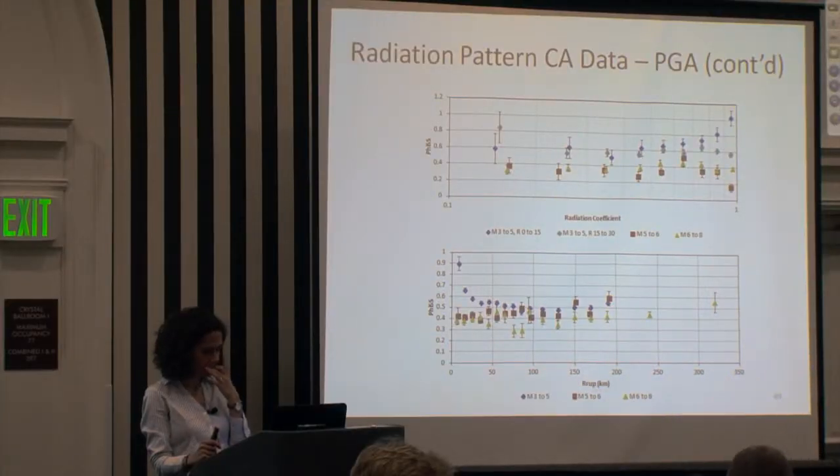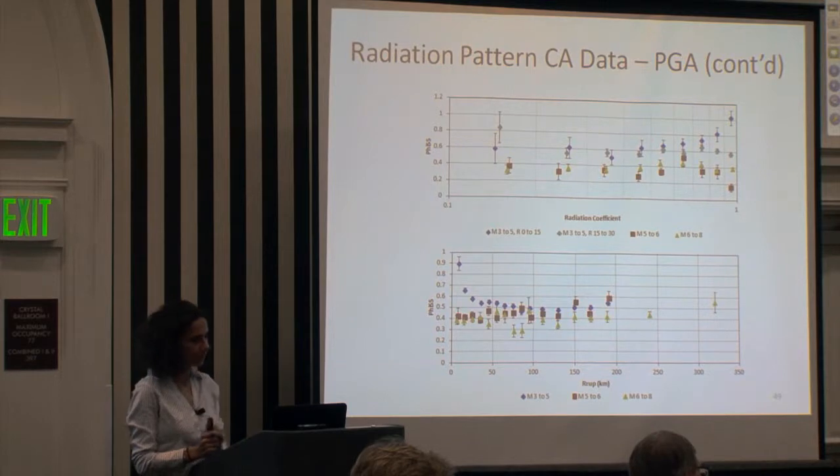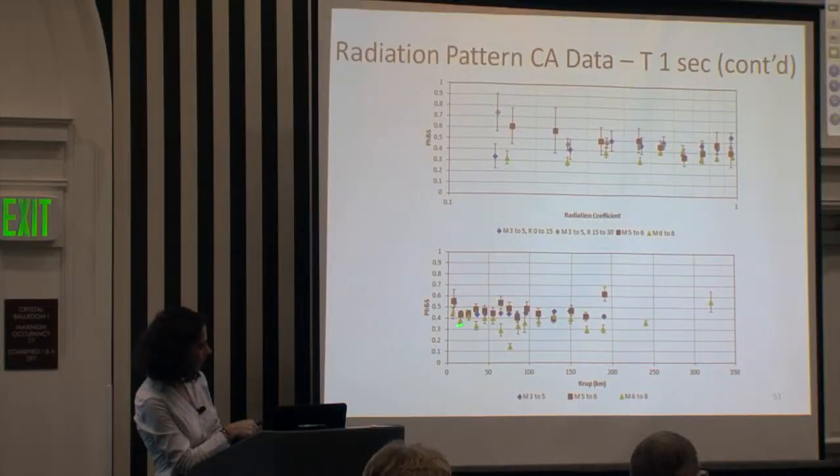Okay. This is new to me, so I may have missed something here. Did I see correctly, this effect is not seen at 1 second? Yes, that's right. So here is the plot. This is 1 second. So any radiation pattern explanation would have to explain the difference between the high frequency and low frequencies.